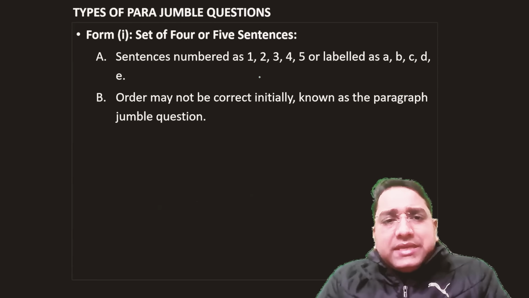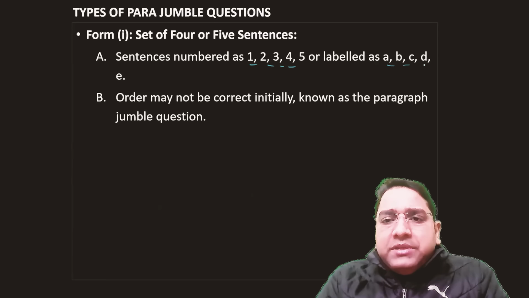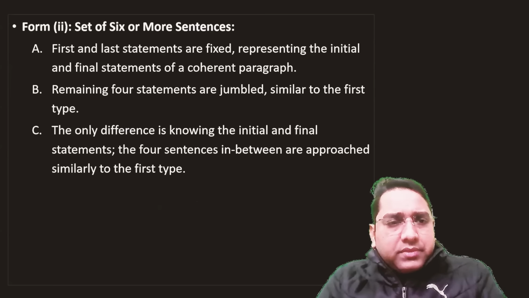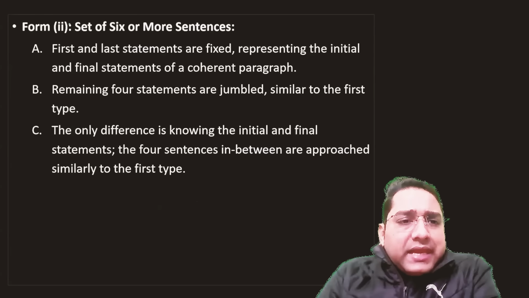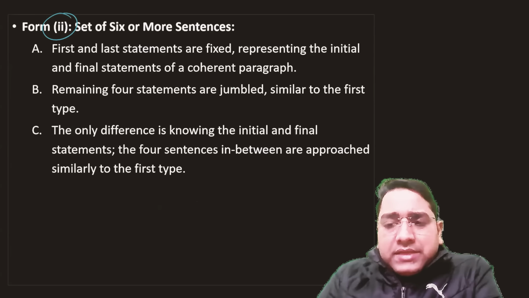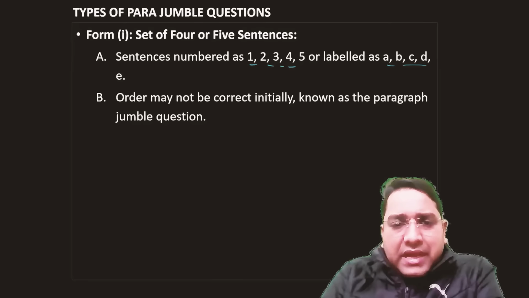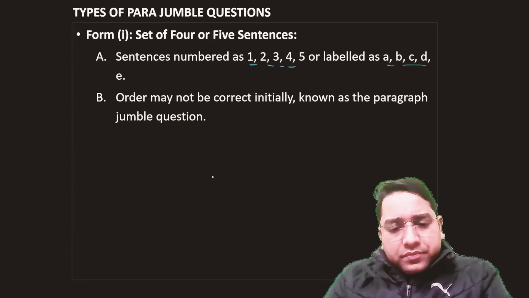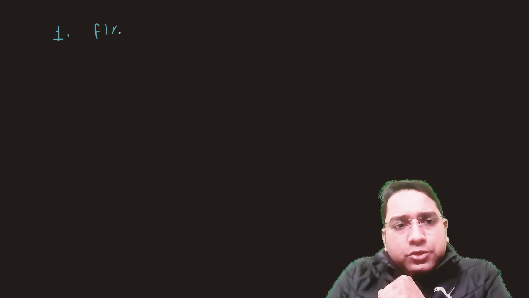One more thing, these sentences can be numbered as 1, 2, 3, 4, or they can also be labeled as A, B, C, D, E. So it depends. The second type is, in the second type, what will happen? Let me show you. In the second type, the first line would be fixed. You don't have to touch it.